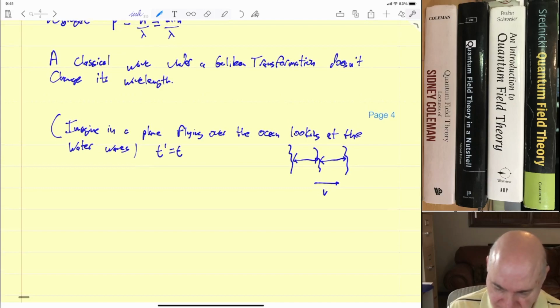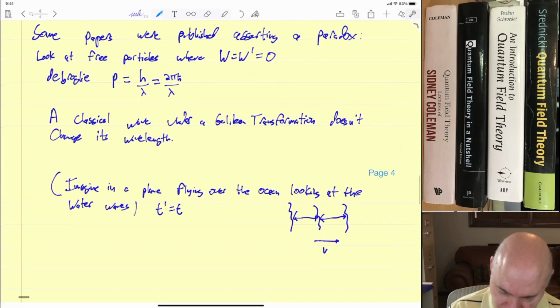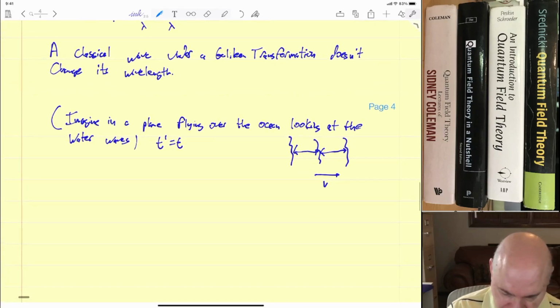But we know that using this de Broglie relationship for particles, P is equal to P prime plus mv, where P is momentum. How do we prove that? Well, we can just take the Galilean transformation. X is equal to x prime plus vt prime.